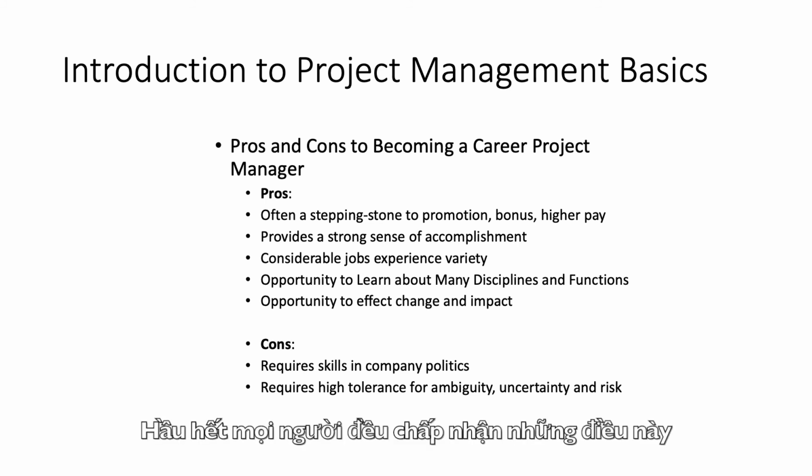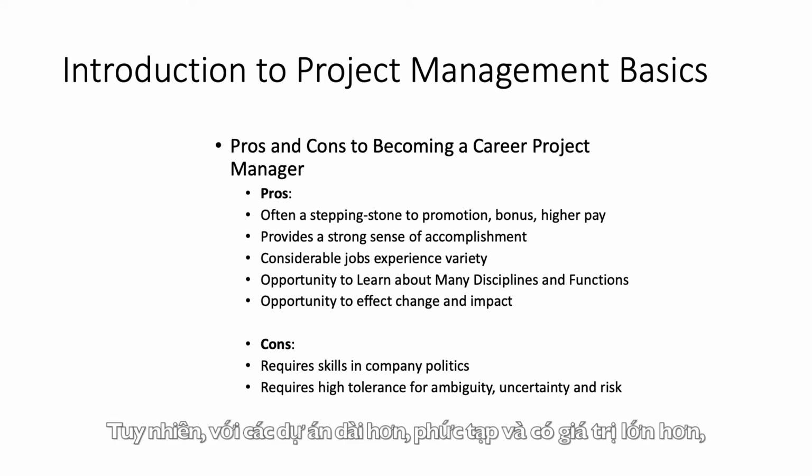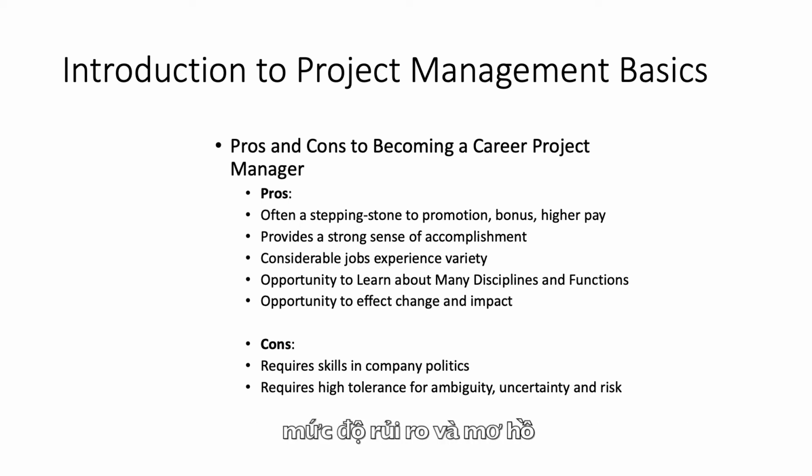Now, all of these things can be tolerated to a certain degree by almost anyone. However, with projects of increasing value and duration and complexity, the risk and the ambiguity and uncertainty increases exponentially.